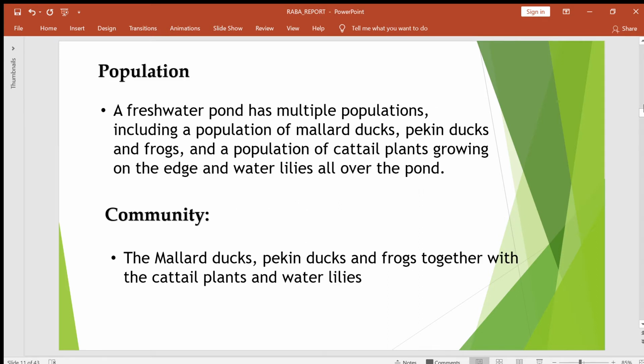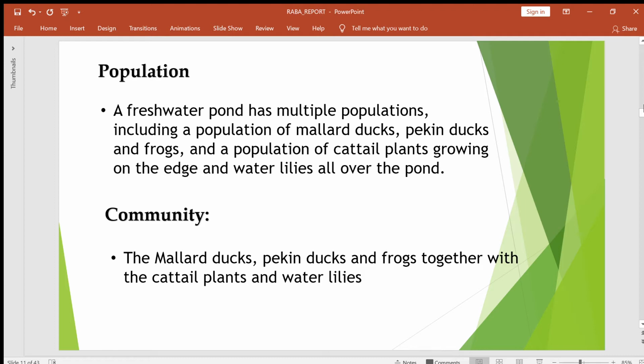A freshwater pond has multiple populations, including a population of mallard ducks, pecan ducks, and frogs, and a population of cattail plants growing on the edge and water lilies all over the pond. Community is the mallard ducks, pecan ducks, frogs together with the cattail plants and water lilies.